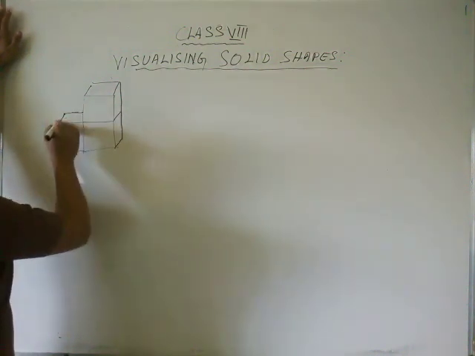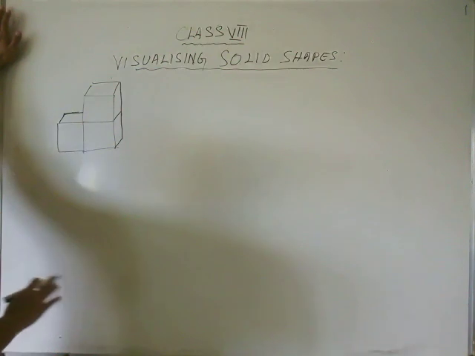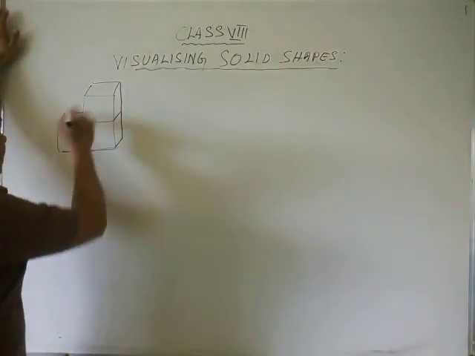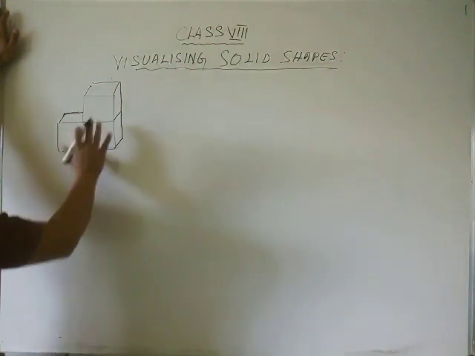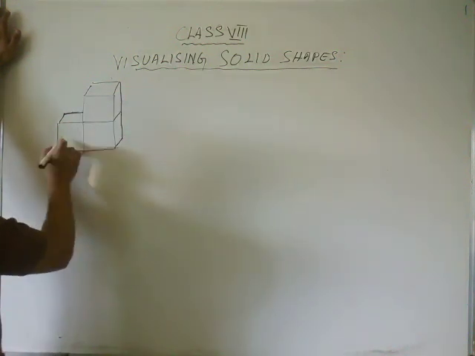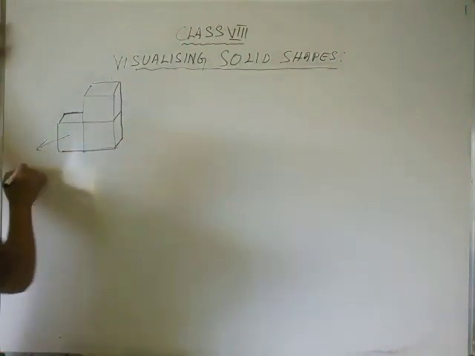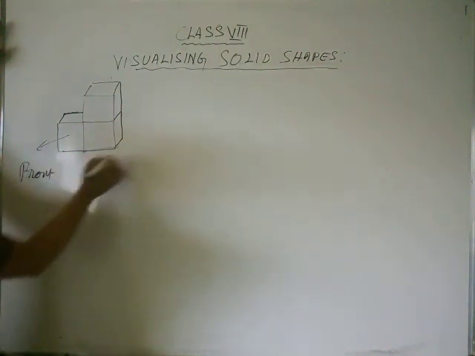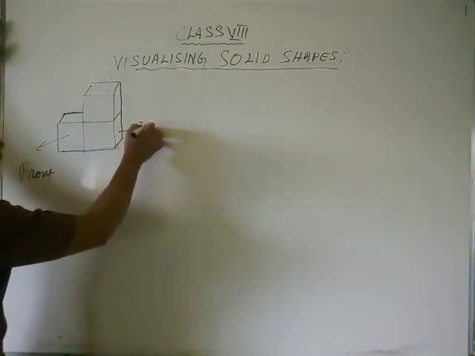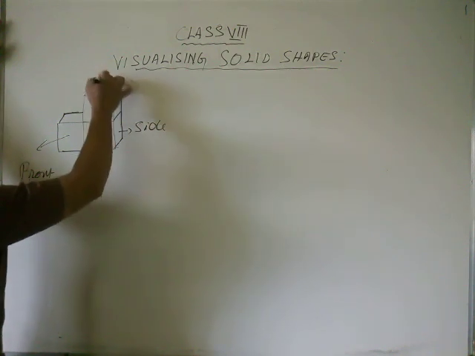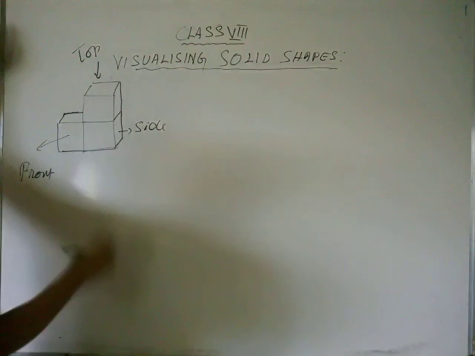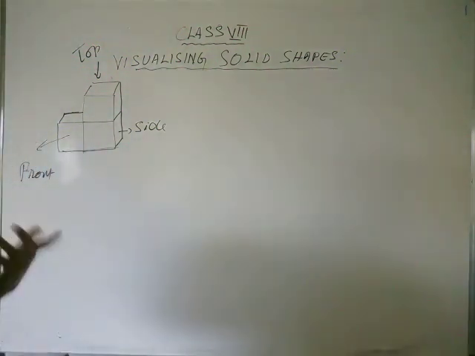Take three blocks, three cubes. Let us say this is the solid. You see, this is the front side. This is the front. And this is the side. And here is the top. So how can we visualize it? We will try to see.